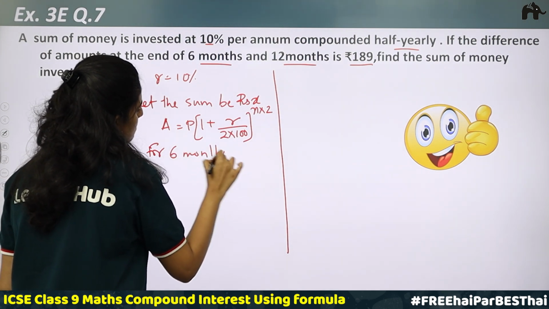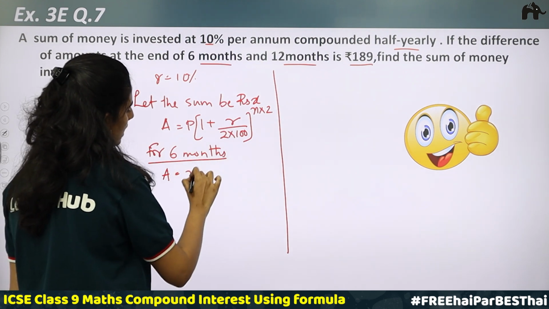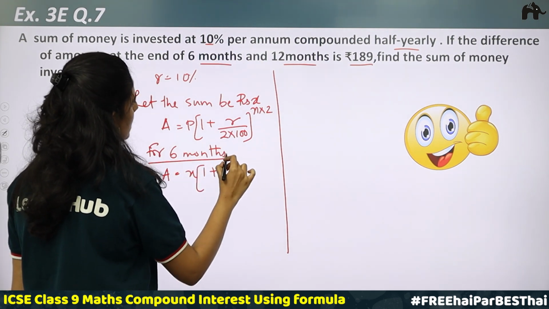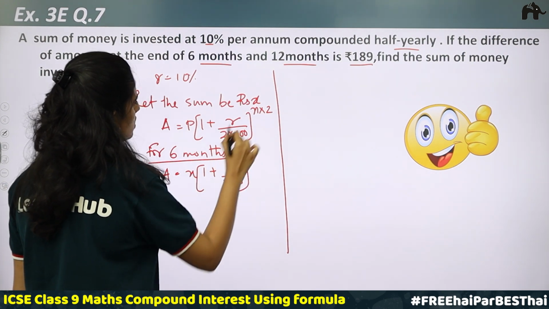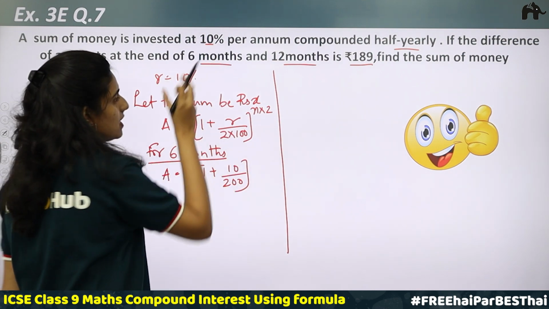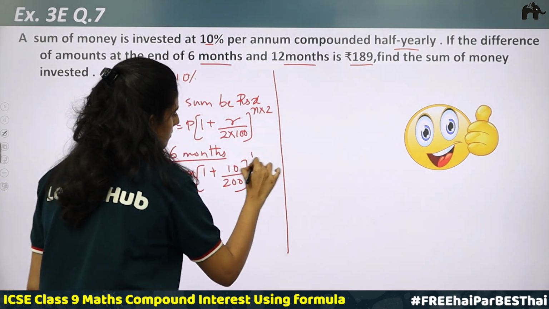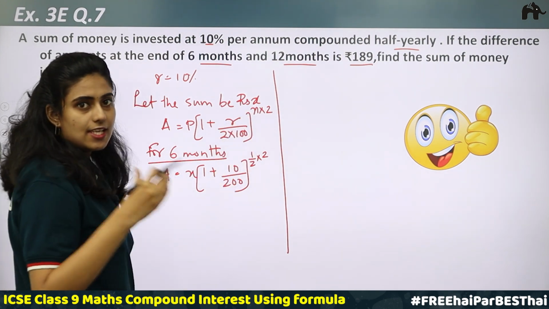For 6 months, what will be the amount? Amount will be equal to, principal we have taken x into 1 plus the rate is 10 divided by 200 raised to n into 2. Here what is the n value? 6 months. 6 months means the n value will be half. 6 months is half year.